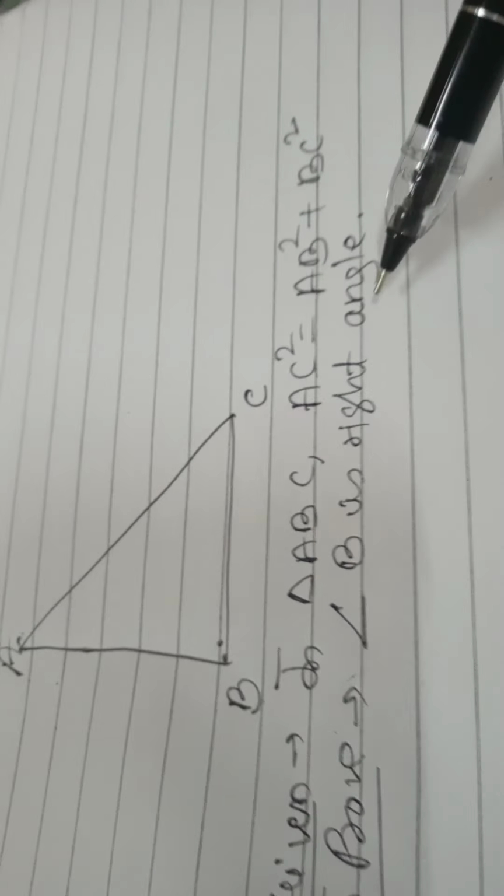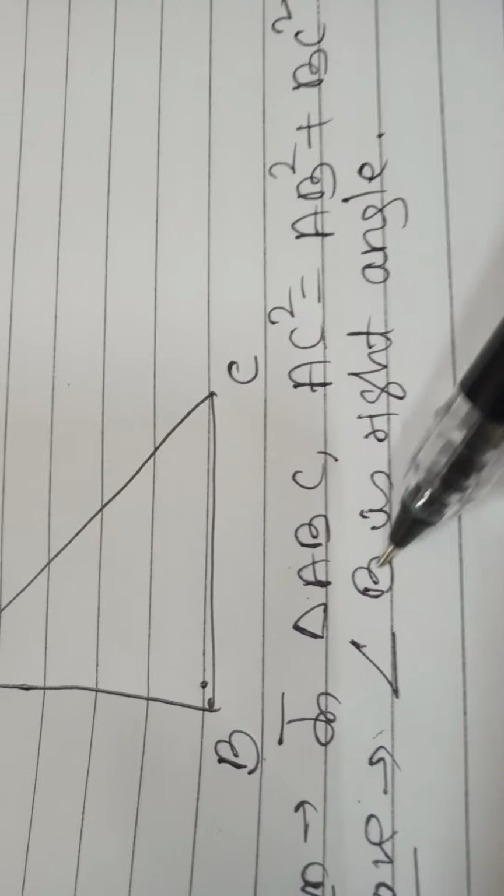See, this is just the inverse, or you can say the converse of Pythagoras theorem. Here in theorem 6.8, this condition was given and you had to prove the other, but here we have to prove that this angle is a right angle when AC square is equal to AB square plus BC square.